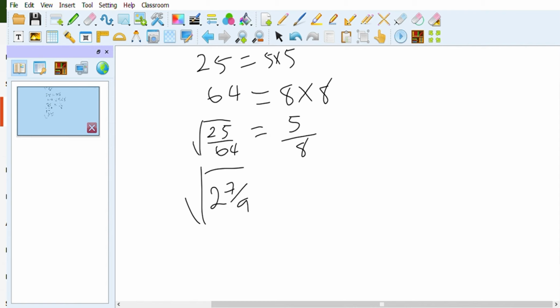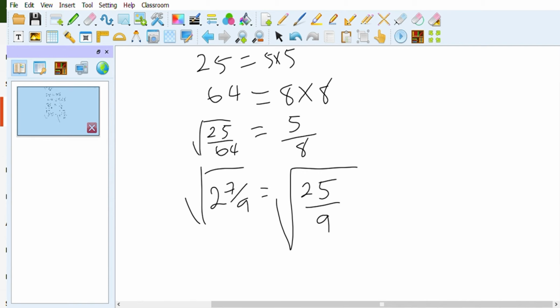So 9 times 2 gives us 18. 18 plus 7 gives us 25. So 2 whole number 7 over 9 is the same thing as 25 over 9 as an improper fraction. So the square root of 2 whole number 7 over 9 is now the same thing as the square root of 25 over 9.